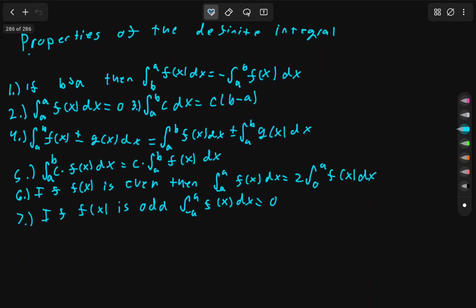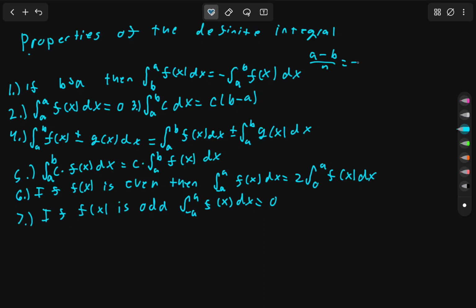The last thing that I want to do today is talk about some of the properties of the definite integral. If b is greater than a, then the integral from b to a of f of x dx is equal to the negative of the integral from a to b of f of x dx. The reason for this is, let's say we're taking a minus b and dividing that by n.